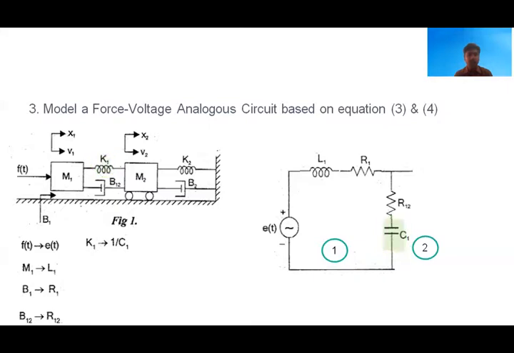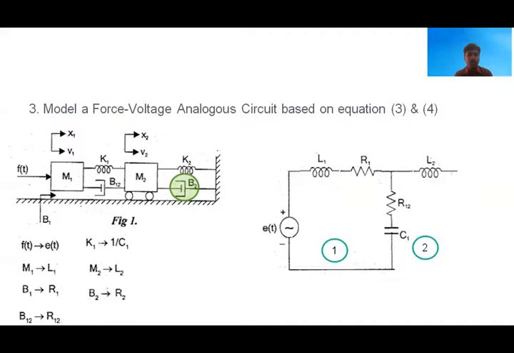Now come to the second node in the translational model. Here the first component is M2. The analogous parameter in electrical is L2, inductor. So connect an inductor which belongs to only loop 2. And the second component in the translation system is B2.